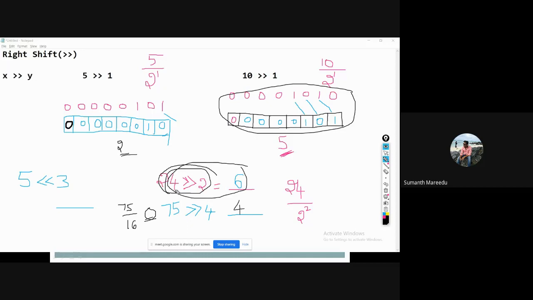But in the normal scenario, you make a practice like this: converting to binary, apply the shift operation, convert that result into decimal.